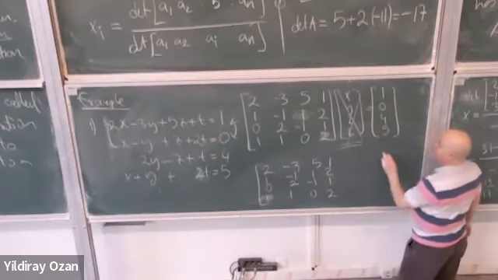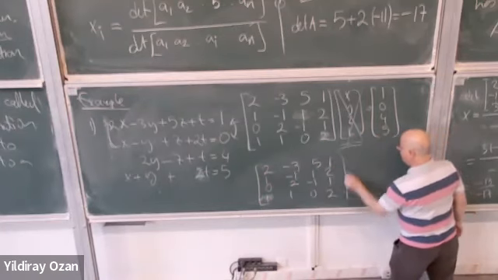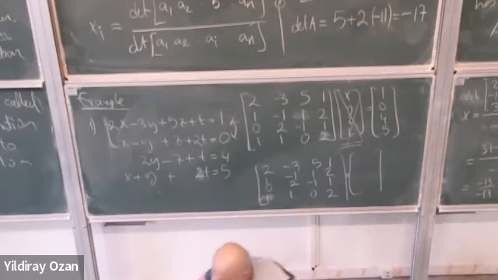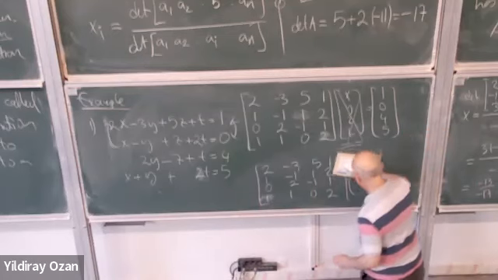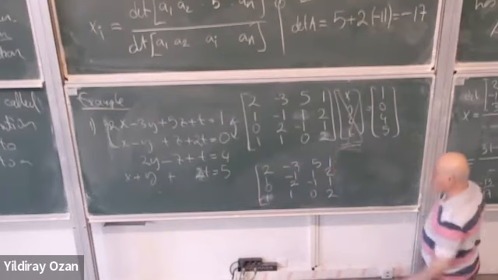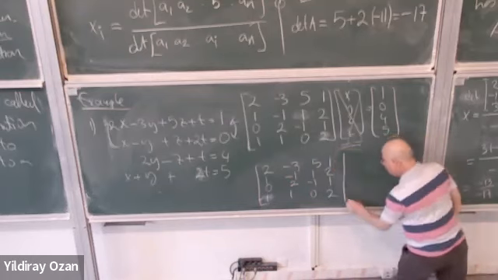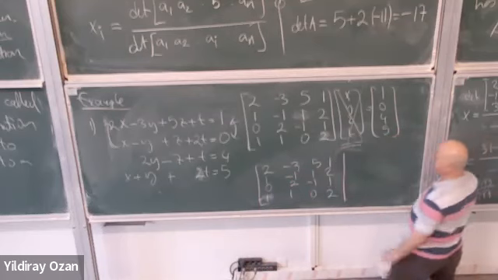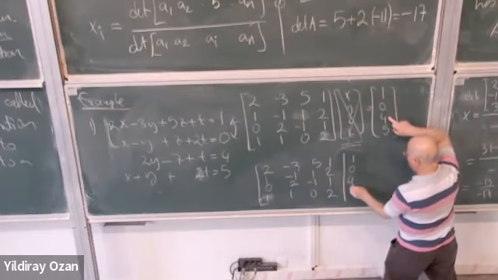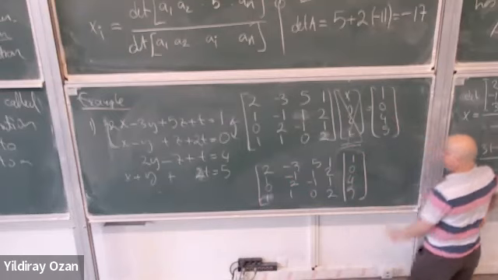And then, instead of writing like this, I can do something even better. I write a line here and write 1, 0, 4, 5.